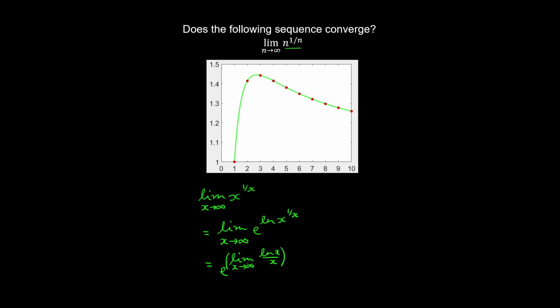And now we can recognize that as x approaches infinity, the term in the denominator grows faster than the term in the numerator, which you can verify using L'Hopital's rule. So we obtain e to the 0, which is equal to 1. And you can verify that this sequence converges to 1 by putting in large integers in your calculator. So for example, 1 million to the power of 1 over a million.